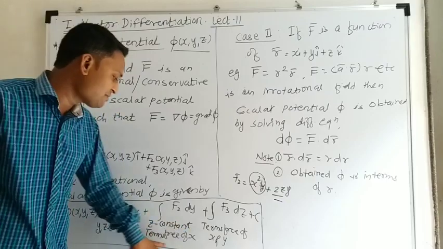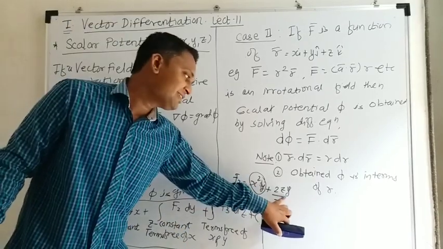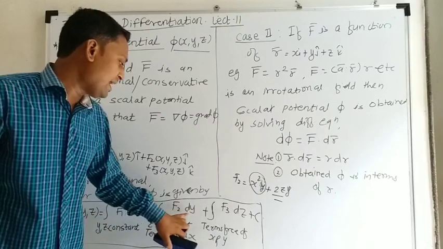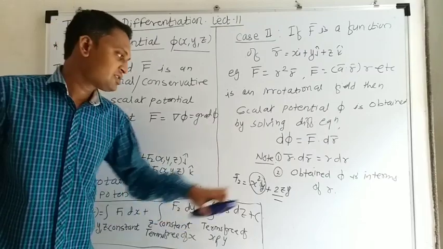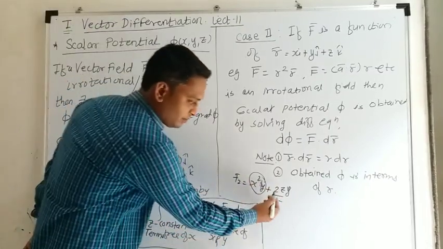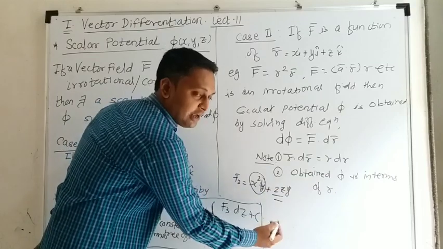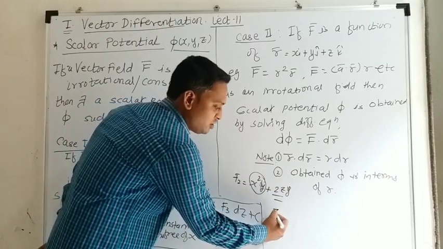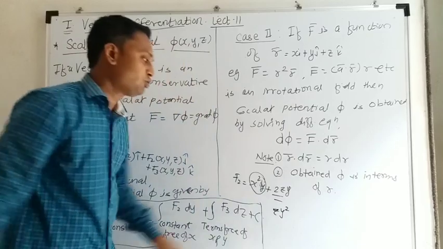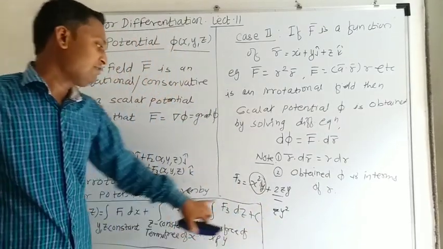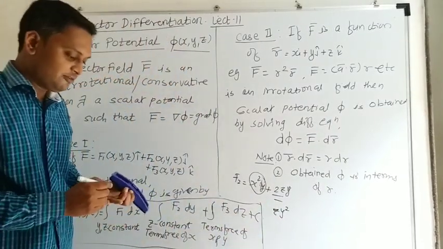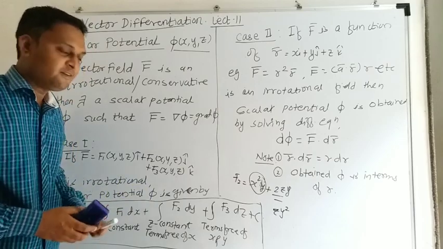That is the meaning of terms free of x. So integrate this term with respect to y, considering z as a constant. Its integration will be y square by 2, the 2 gets cancelled, so the final answer will be z y square. In such a way, you have to consider the terms free of x.